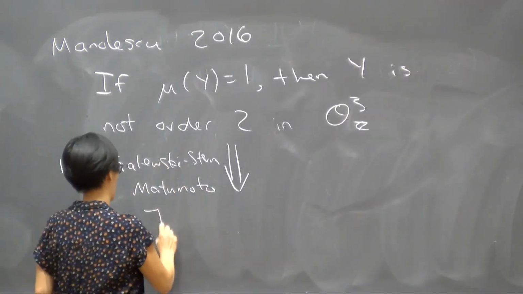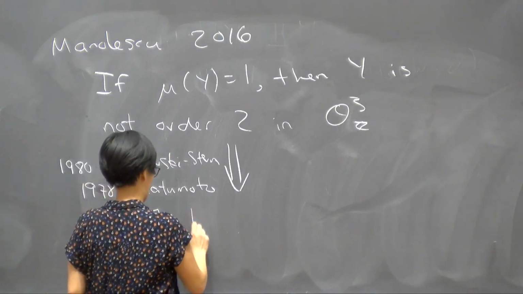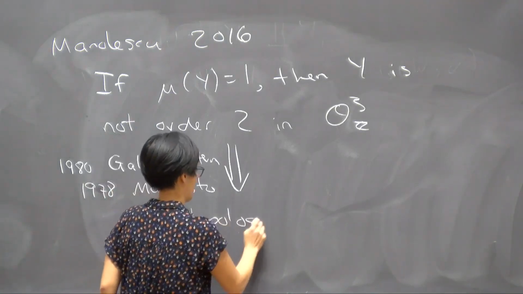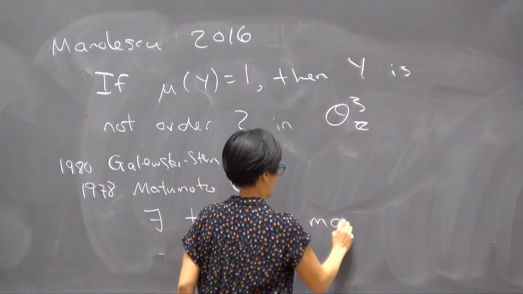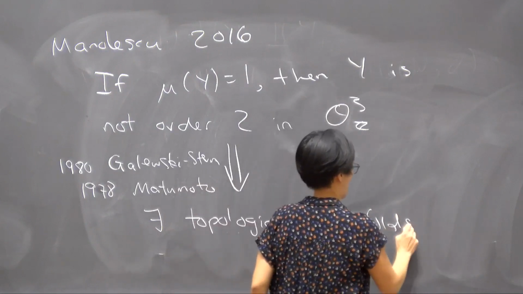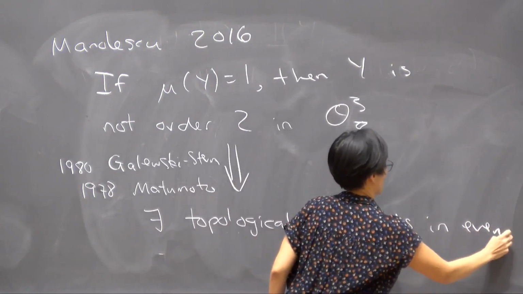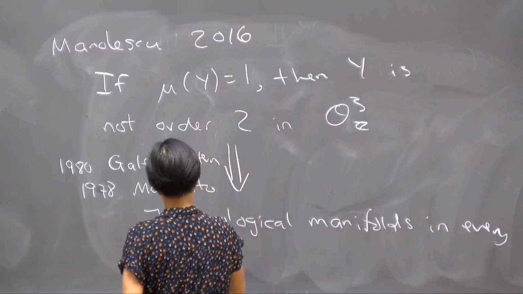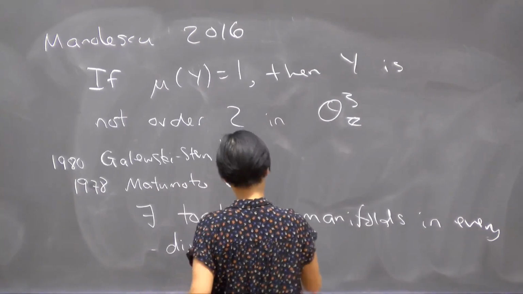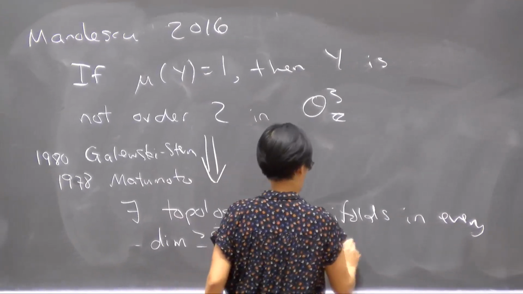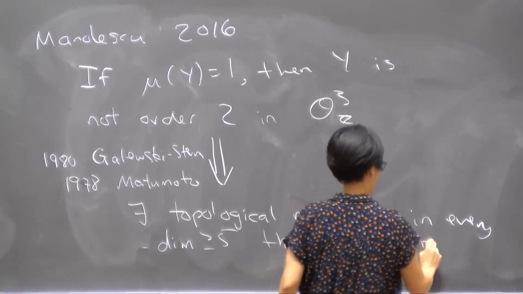It implies that there exist topological manifolds in every dimension 5 or greater that are not triangulable.